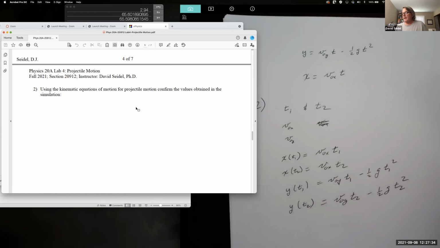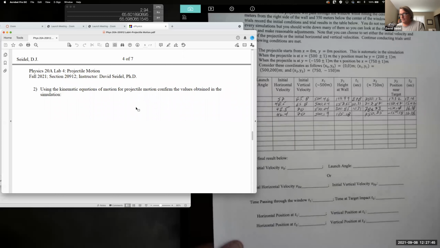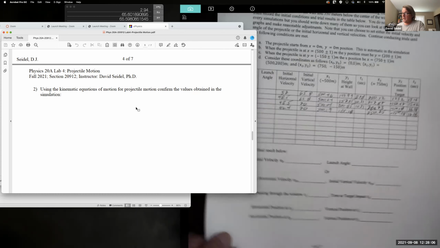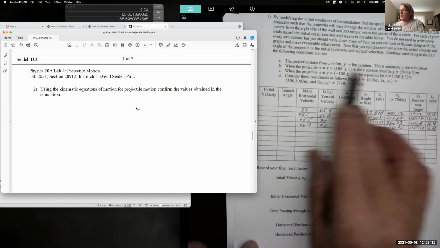That's using the kinematic equations. You better get answers on these that are in agreement. They don't have to be exactly the same, but they better be in very close agreement with the horizontal position at T1 given by the simulation and the horizontal position at T2 given by the simulation, the vertical position at T1 given by the simulation, and the vertical position at T2 given by the simulation, and these positions must meet these conditions.